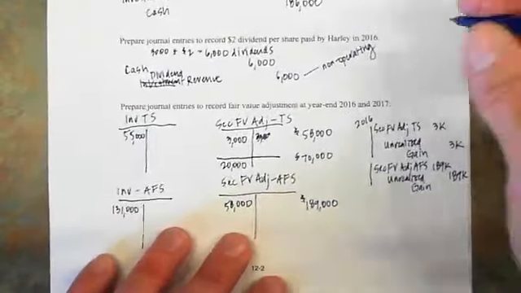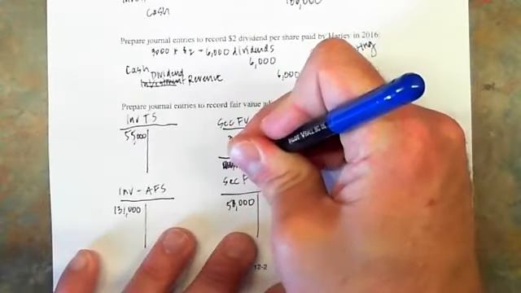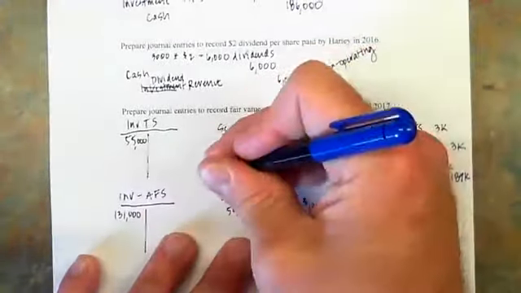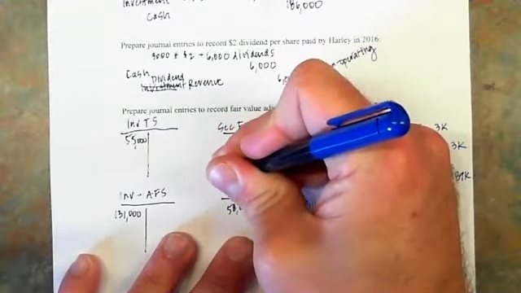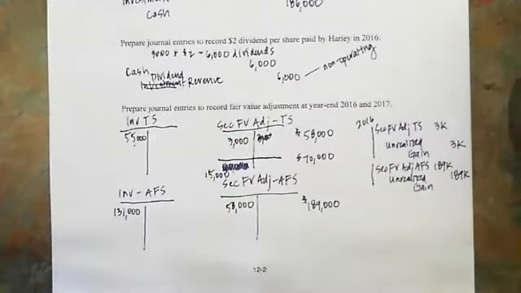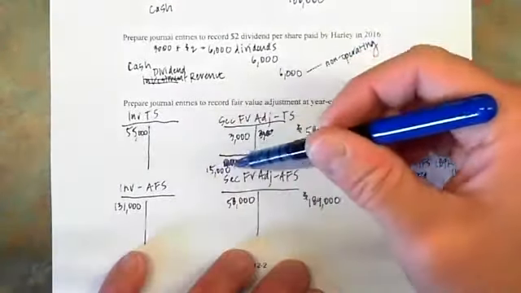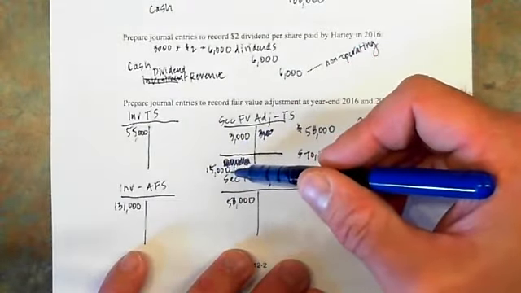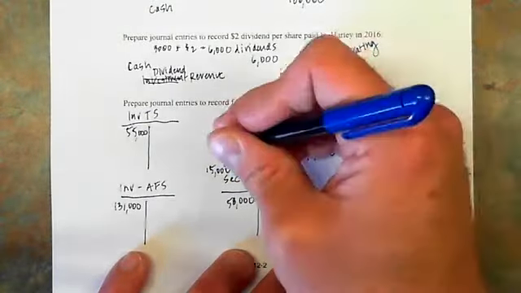In order to get to 70,000 from 55, we need a $15,000 balance. Be careful. 55 plus 15 gives me 70. So that's not the adjustment I want to make. That's the balance I desire.